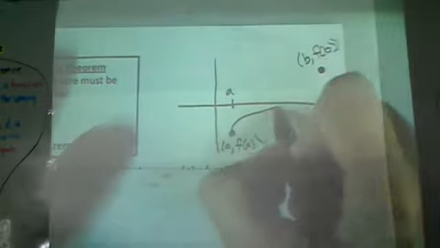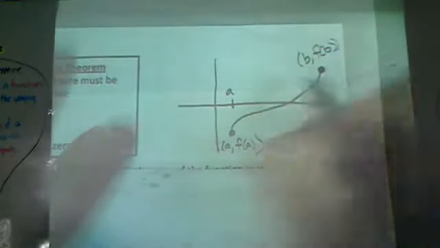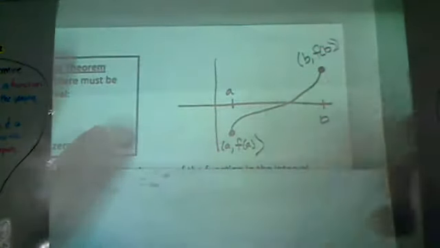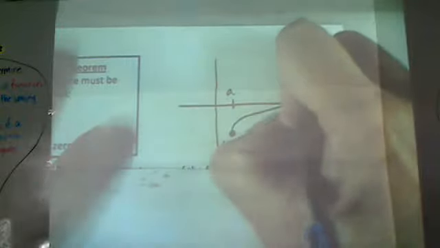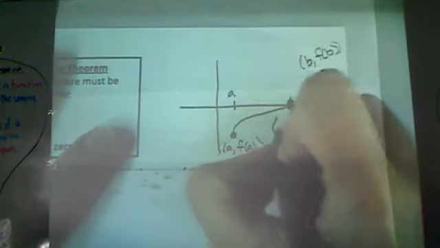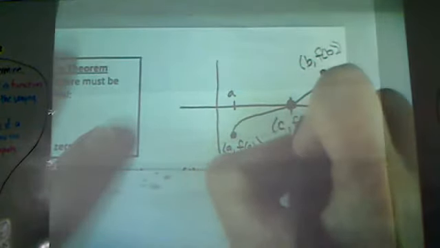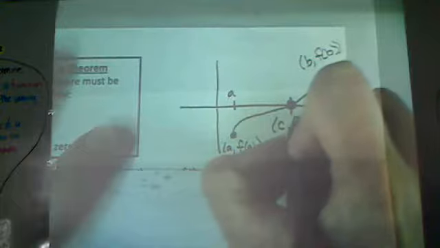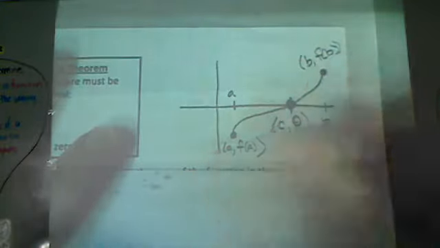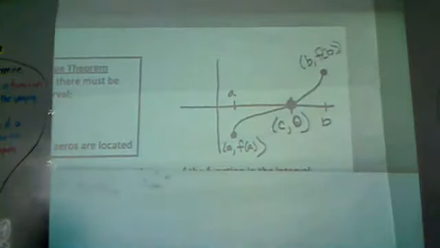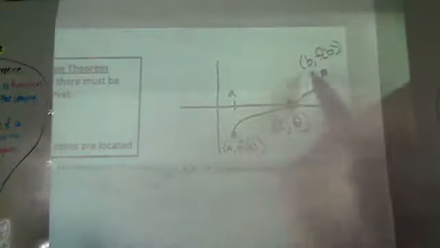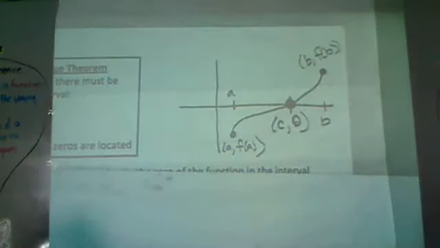If these two points are connected in some manner, so a continuous curve, then you know that it has to cross the x-axis somewhere. You don't know where, but at some x value, you're going to have a 0. We can use the intermediate value theorem to prove this. So let's look at the next example.